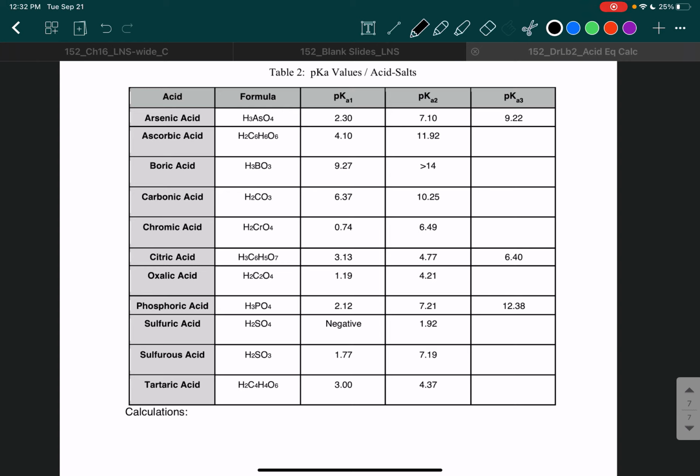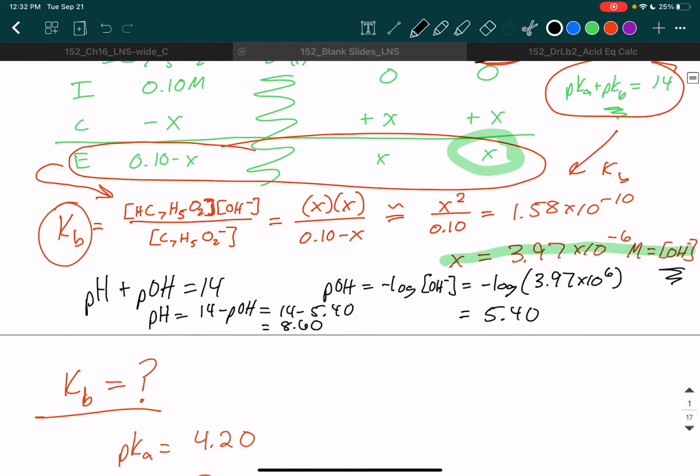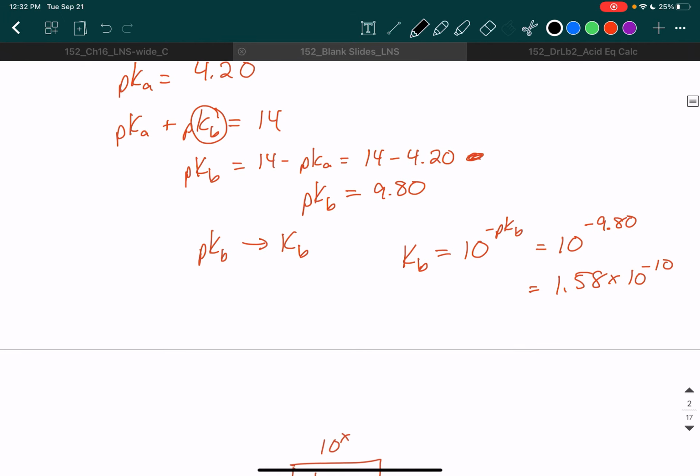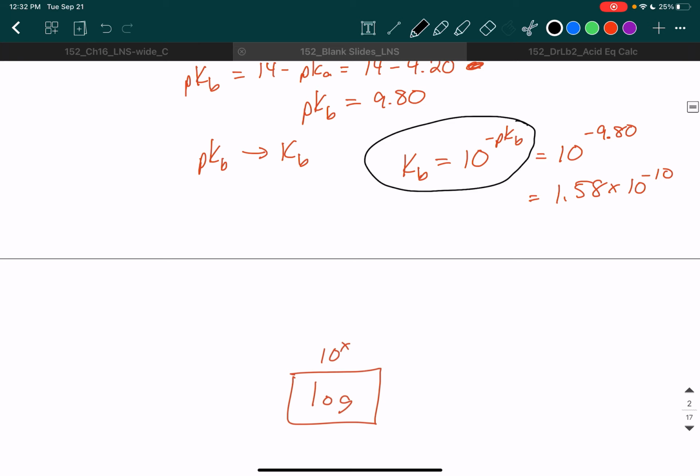Yes? I feel like I missed something really simple, but did you end up calculating the Ka for that last one? I did not have to calculate the Ka for that one. Yeah, we can do that. Yeah, so right here, to calculate the Kb, I just took 10. Yeah, good.